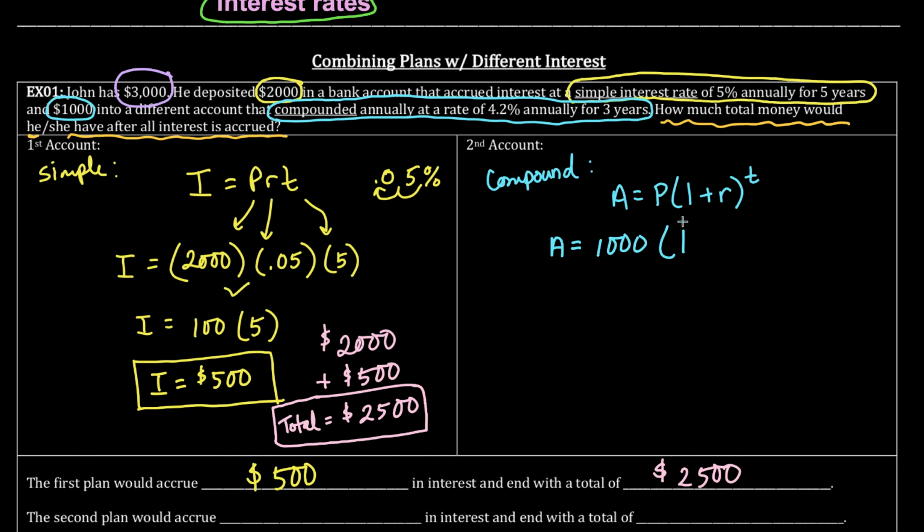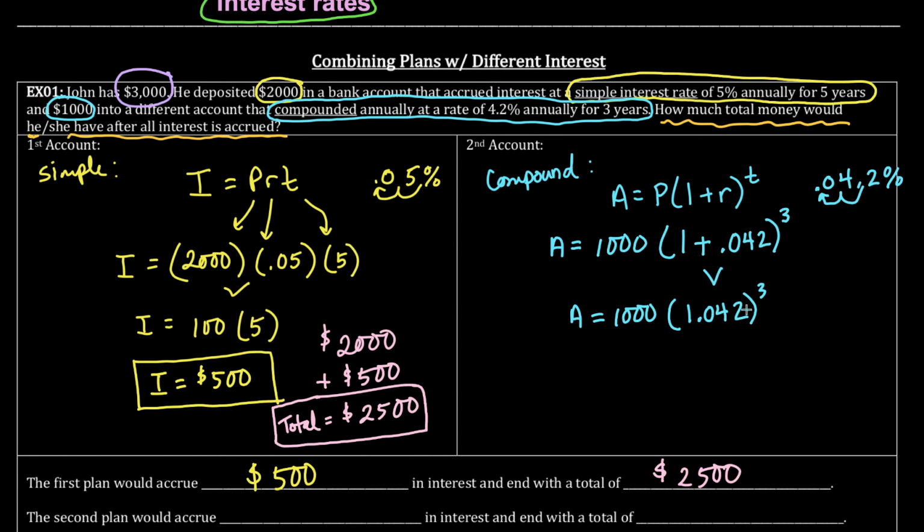And we'll multiply by 1 plus my rate, which was 4.2%, so 0.042, to the power of, we did this one for 3 years, 3. So 1,000 times 1.042 to the power of 3.